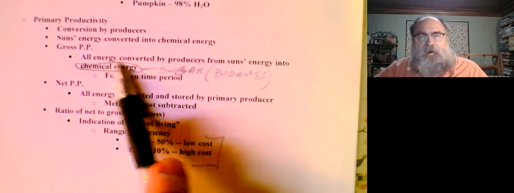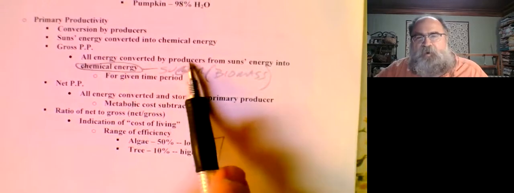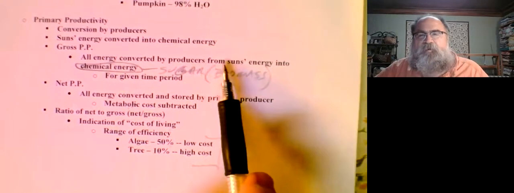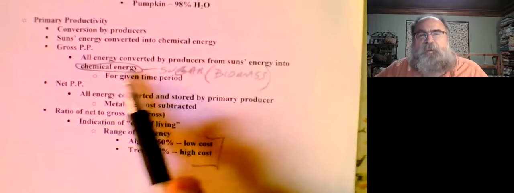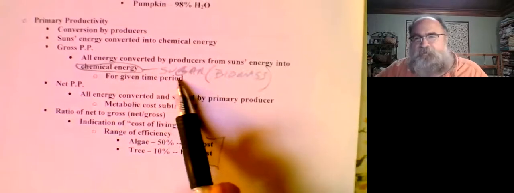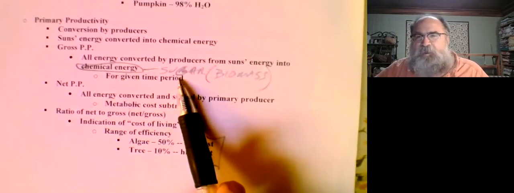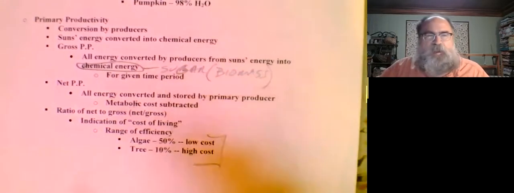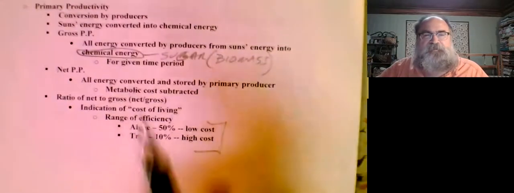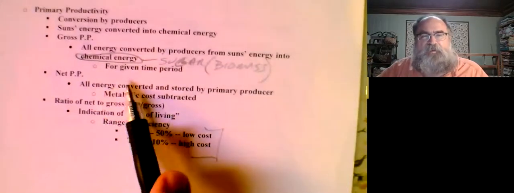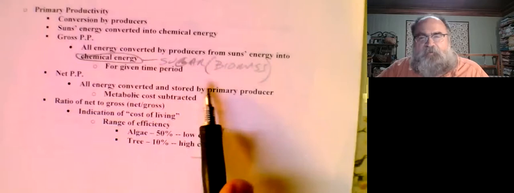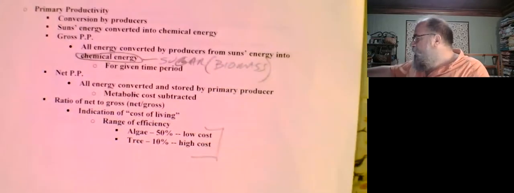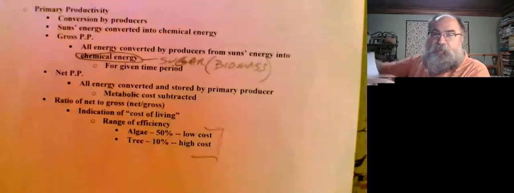And so all the energy converted by the producers from the sun energy into chemical. And this is going to be for a growth season maybe, or a month or a day, whatever time period you're working on. Now the net is all the energy that has been converted and stored by that primary producer, okay?